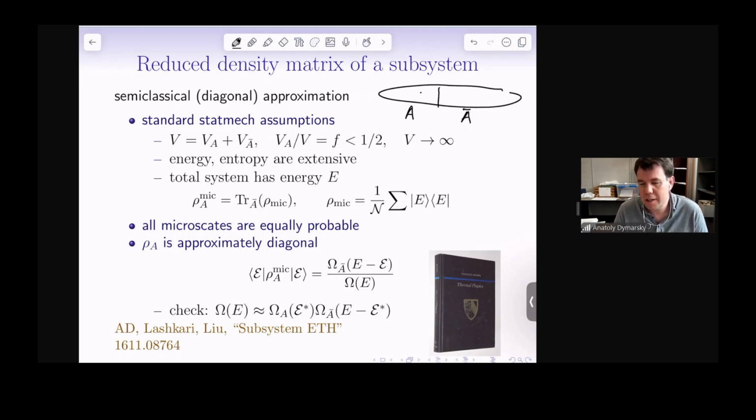So classically, that doesn't make sense because there is no notion of a microstate classically, but we can do things quantum mechanically. So this will work well if we have some semi-classical physics.